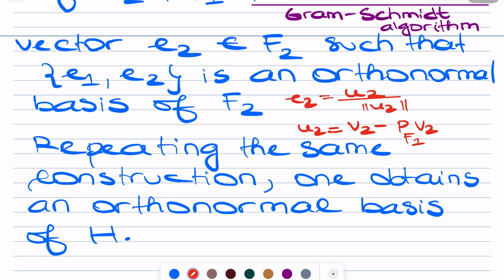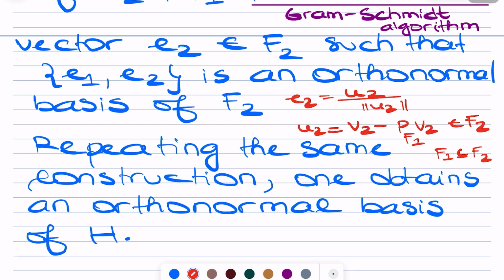This is clearly an element of F_2 because F_k is a non-decreasing sequence, so F_1 is contained in F_2. Similarly, to construct e_3, it will be u_3 over the norm of u_3, with u_3 being v_3 minus the projection of v_3 onto F_2.